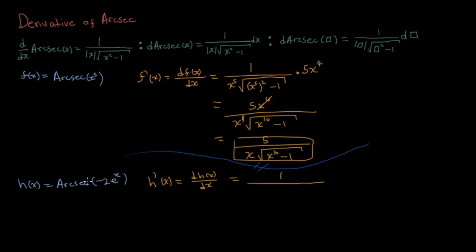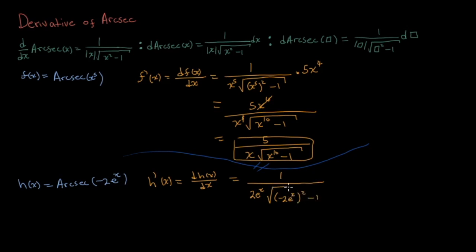We get rid of the negative sign here because we're dealing with the absolute value. So it'll be 2 times e to the power of x, times the square root of this argument here, negative 2 times e to the x, squared, minus 1.